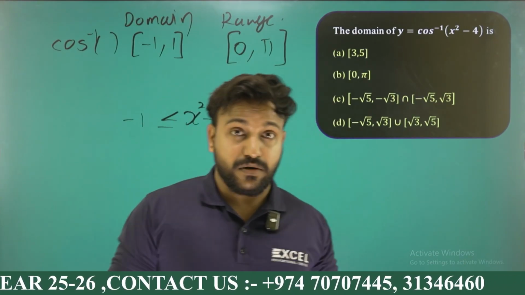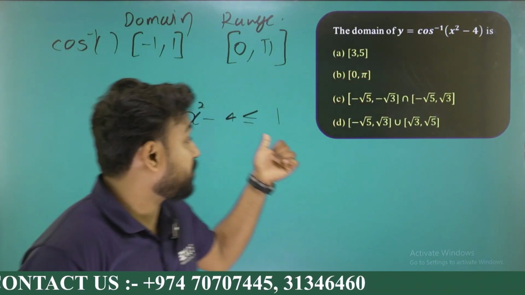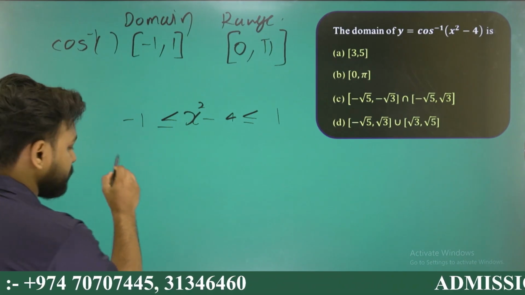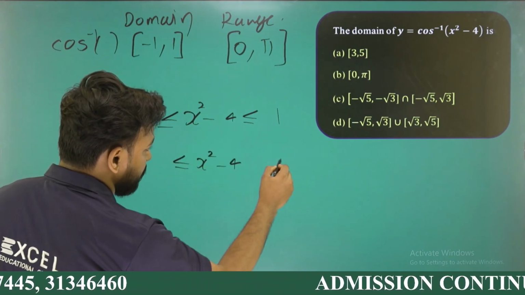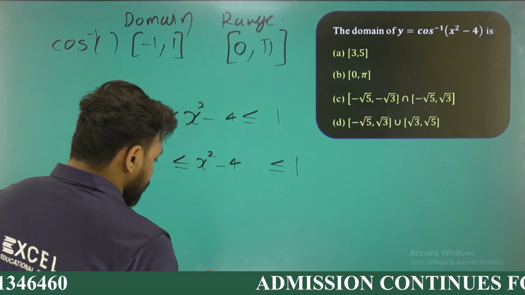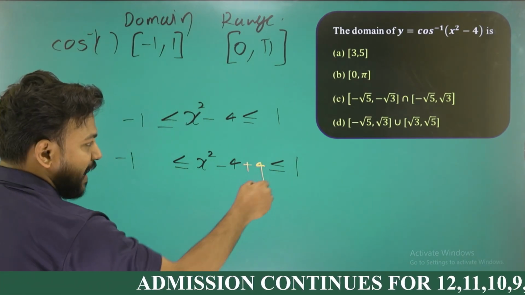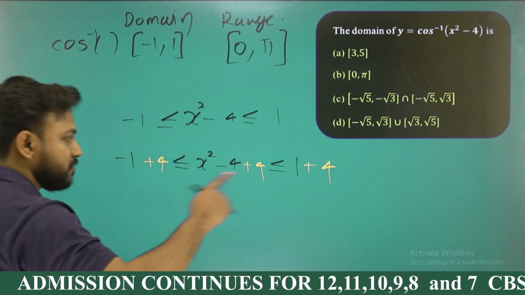But they ask for the domain. Domain means the values we can put for x. So we have to build x from it. This is your expression. We have a -4 here. To cancel that, we have to add a 4 here. So I have to add it to all the sides.